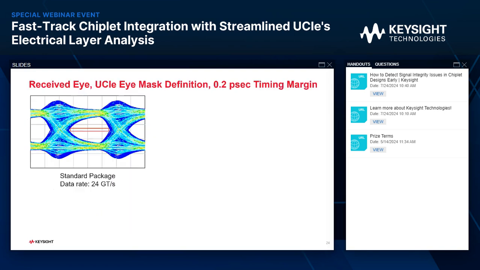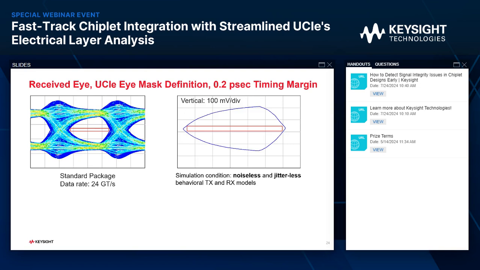Let's take a closer look at the received eye with a UCIe eye mask. Here's the standard package operating at 24 gigatransfer per second. Here is the eye mask and the contour with the vertical division 100 millivolts. The simulation condition based on the standard for the eye mask should be noiseless and jitterless.